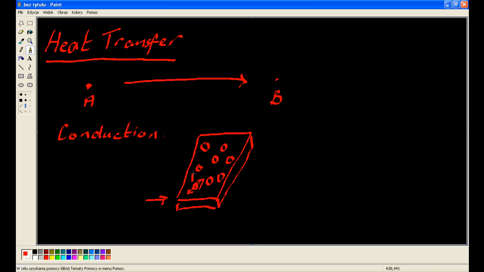So this molecule will bang into this one, this molecule will bang into this one, and so on, and you can see that the heat is being transferred along the solid, along the piece of metal. So if you heat it up at this end A here, the heat will travel to end B. So that's called conduction.